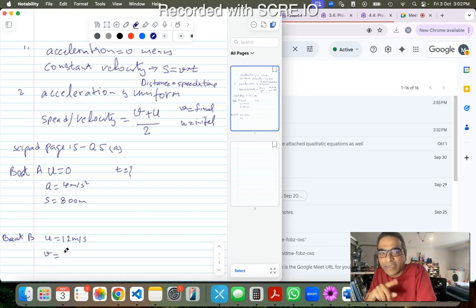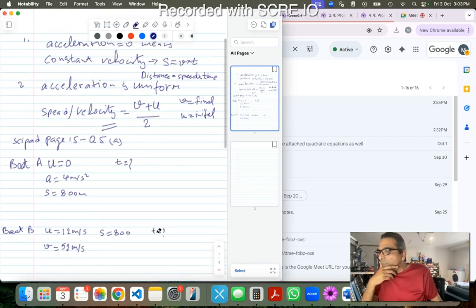It's not acceleration. It says uniform acceleration, and that will be the final velocity, right? Exactly. So now we again have S equals 800. Forget about this for one second. Let's do it with whatever we know, and we also want to know the t.